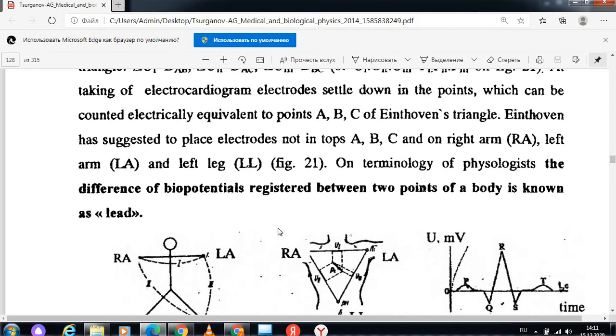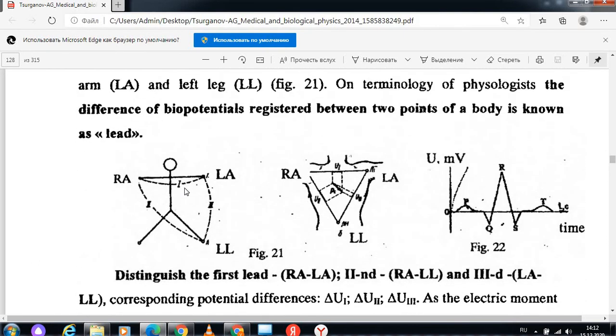In the terminology of physiologists, the difference of biopotentials registered between 2 points of a body is known as a lead.